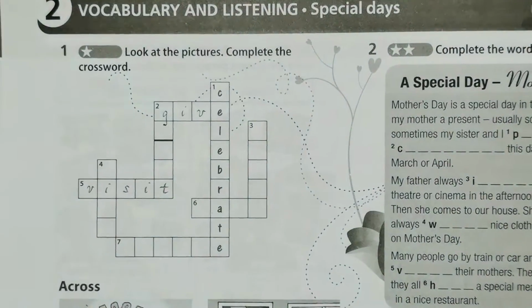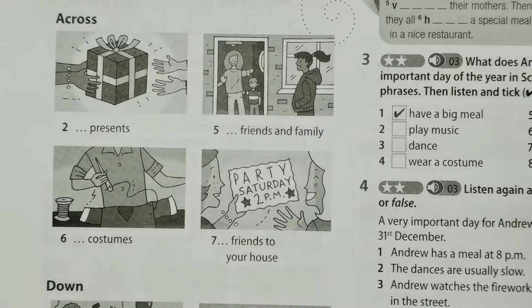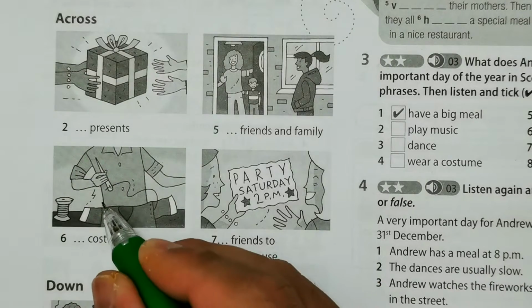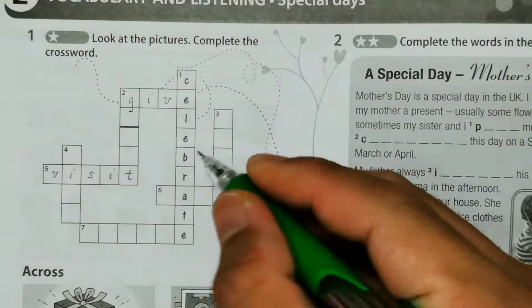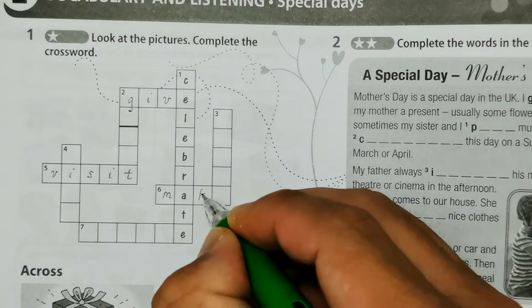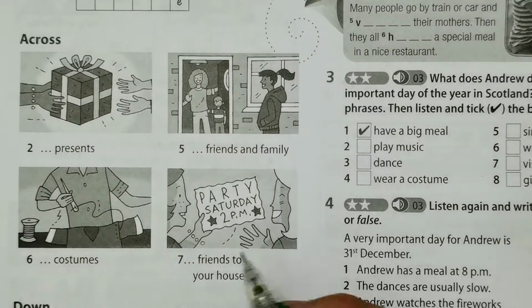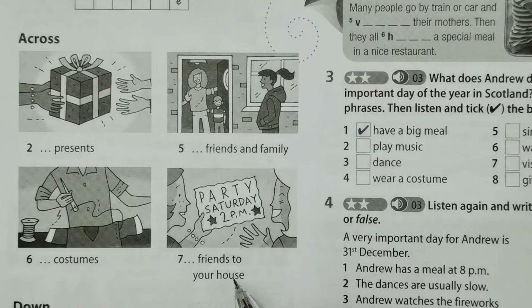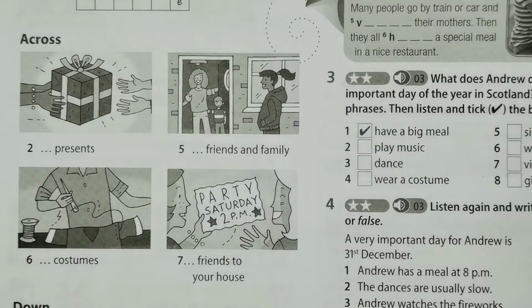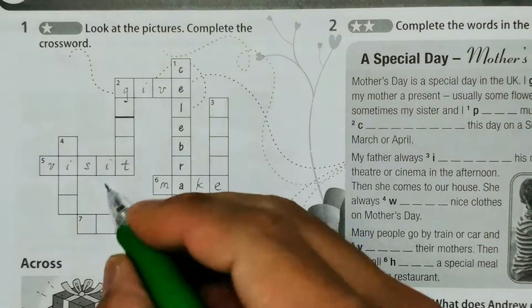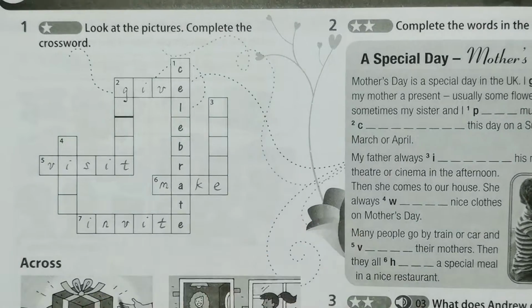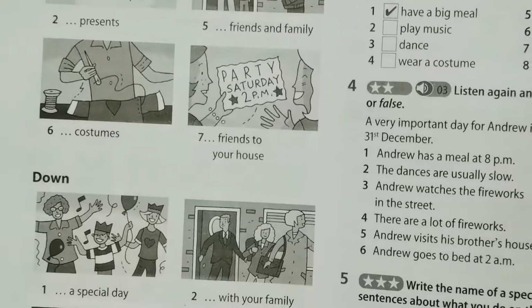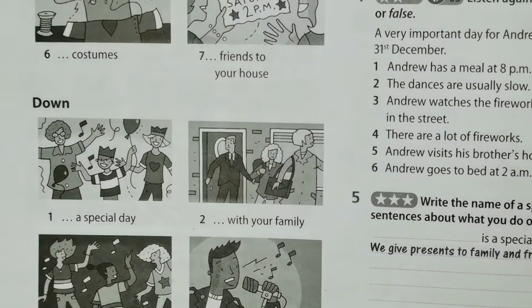Then number 6, costumes. This one is make. Then number 7, friends to your house. This is invite.